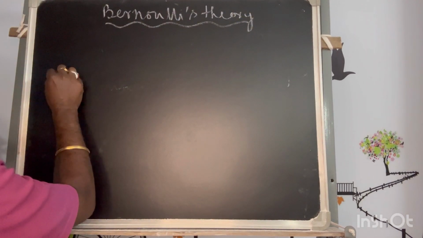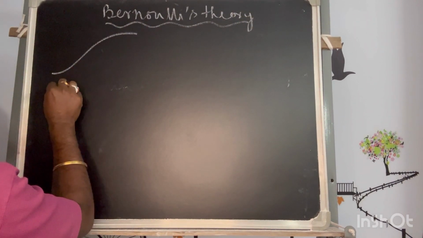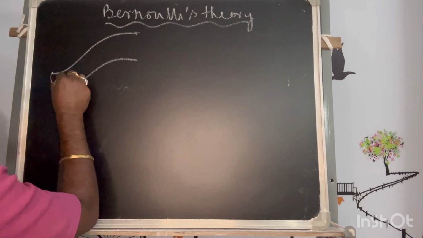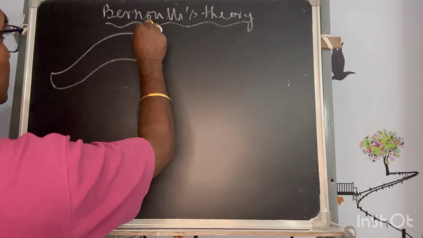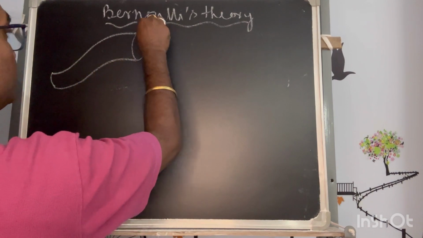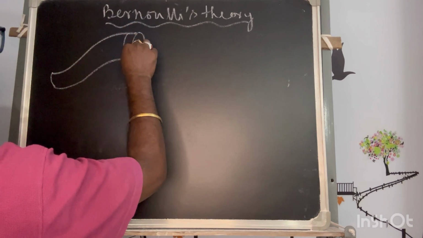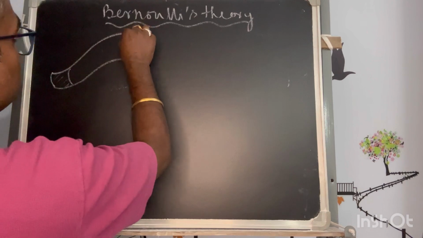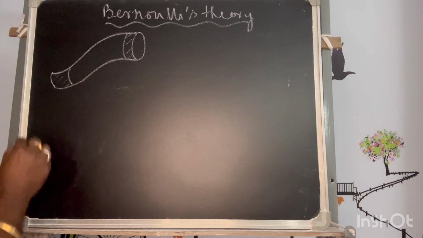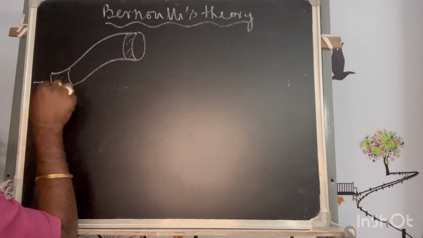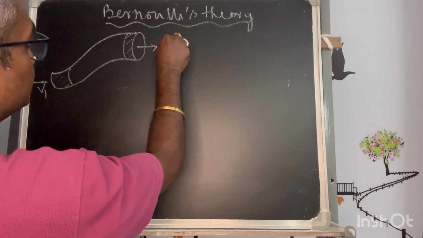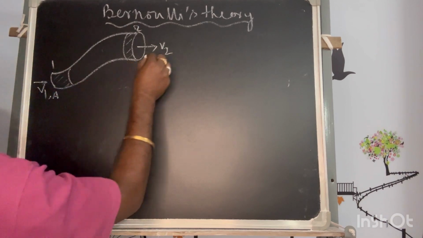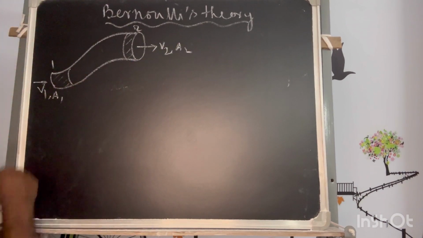If I say there is a conduit or a flow path of such kind, this is the end position and this is also an end position, and at a particular time the liquid is passing through this way. Here the inlet velocity is v1 at point 1, and the outlet is at point 2, the cross section is A1 here and A2 there.